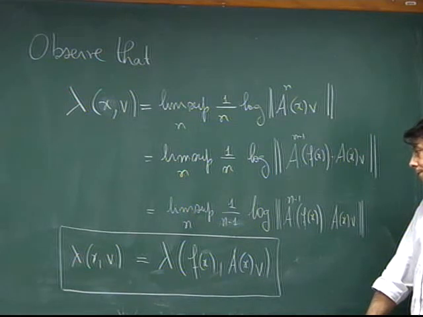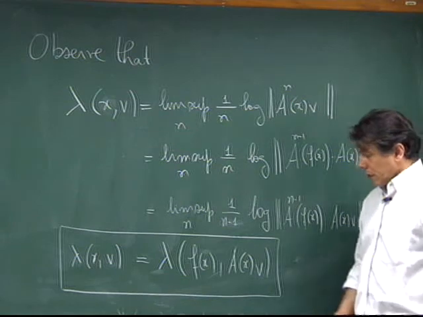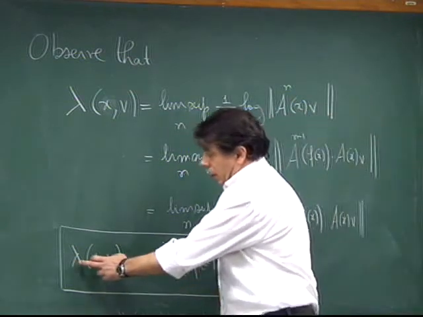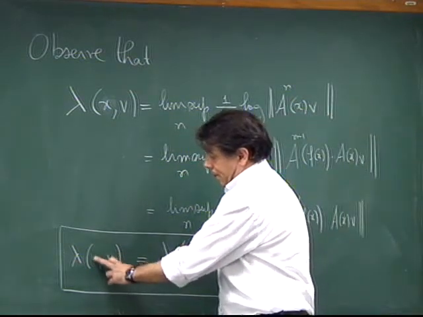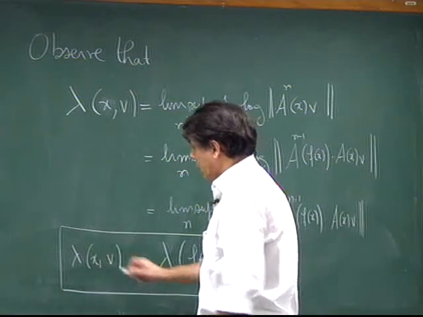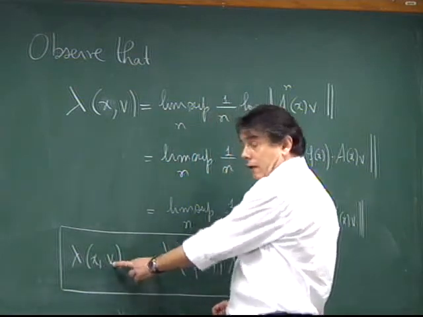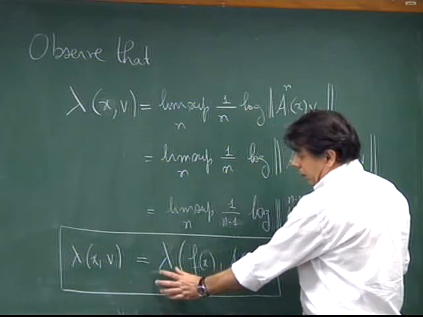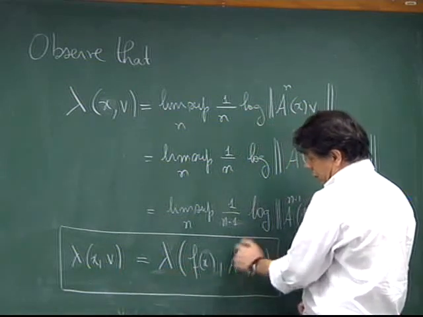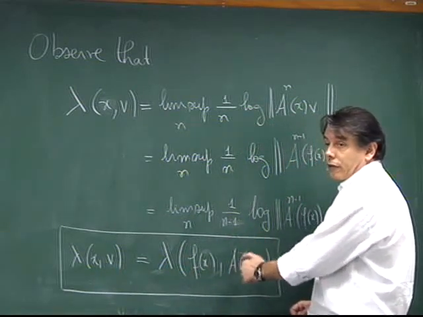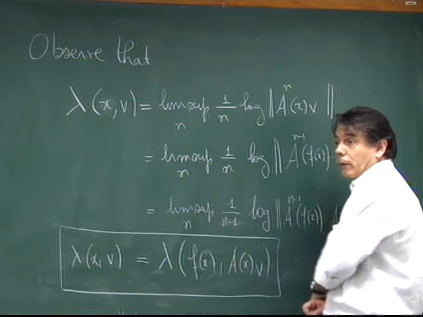So you see, this formula tells us that the values of lambda at x for different values of v are the same as the values of lambda at f(x) for different values of the vector here. Okay.